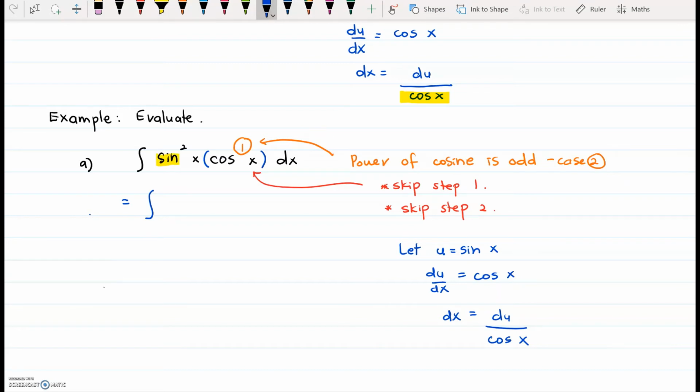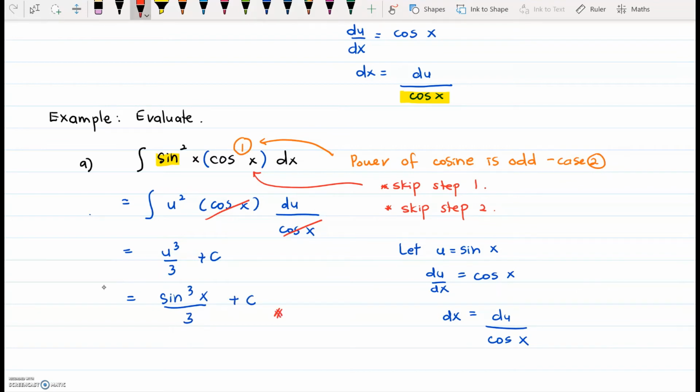So now you will have the integration of u square times cos x, and your dx is du over cos x. Now we can cancel off the cos and you can integrate as usual. You will get u power 3 over 3 plus c, and lastly your answer will be sine cubed x over 3 plus c. So this is your final answer.